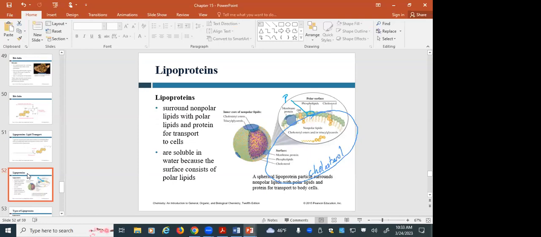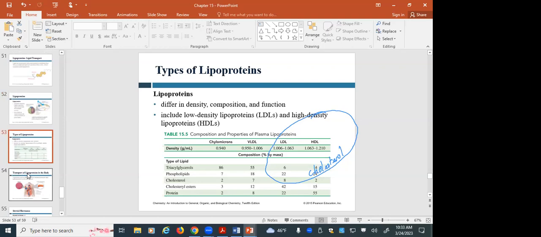that are going to make the difference for us, because the ones that are low density, the LDLs, the low density lipoproteins, these are the ones that carry cholesterol from your liver to the rest of your body.